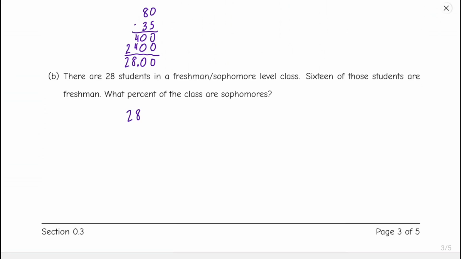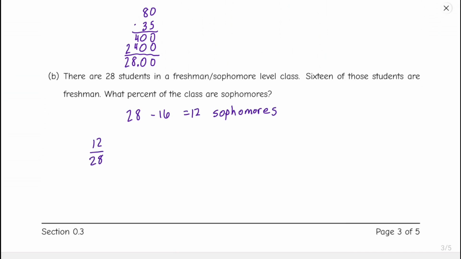So 28 minus 16 equals 12 sophomores. So I need that as a percent. So that would be 12 over 28.